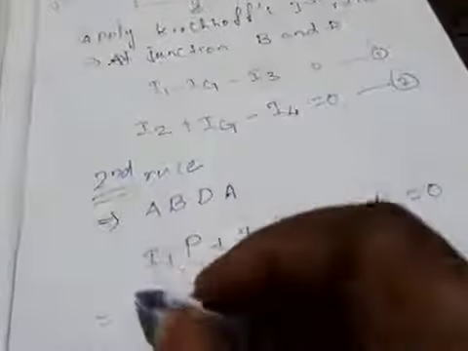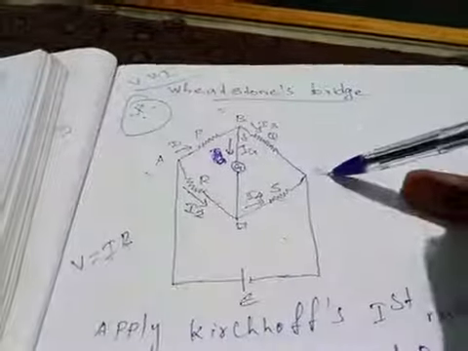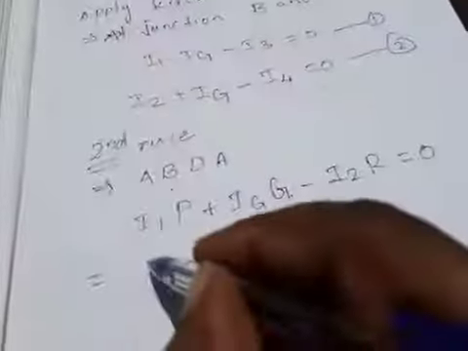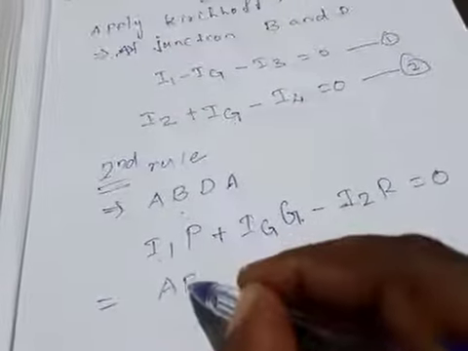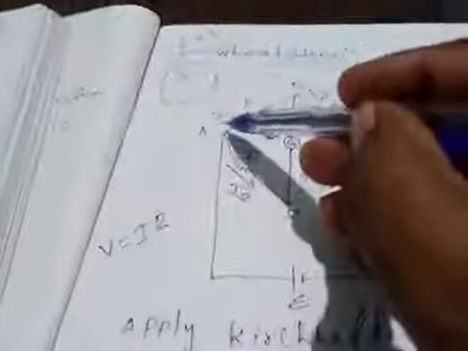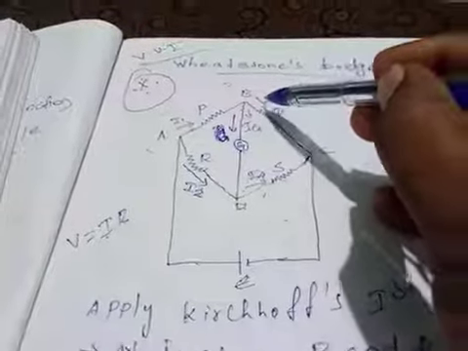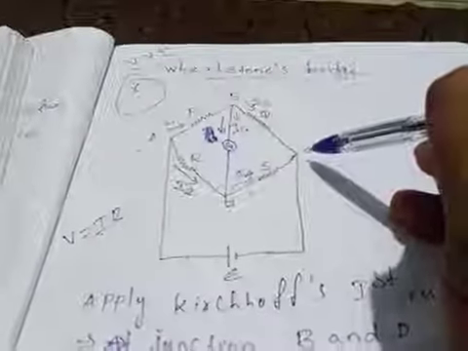Next you have to apply the Kirchhoff second rule on this big loop A, B, C, D, A. Now you see, plus I1P, again plus I3Q.